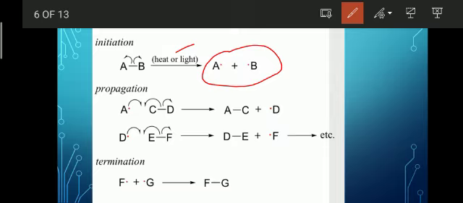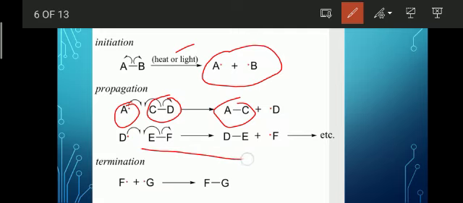Once a reactive free radical is generated, it can react with stable molecules to form a new bond, and then generate a new free radical. One propagation step often involves hydrogen abstraction or addition of the radical to a double bond. The new bond is formed between D and E.